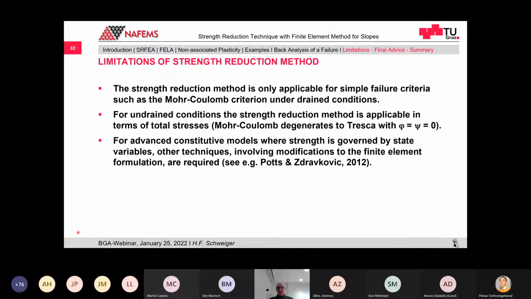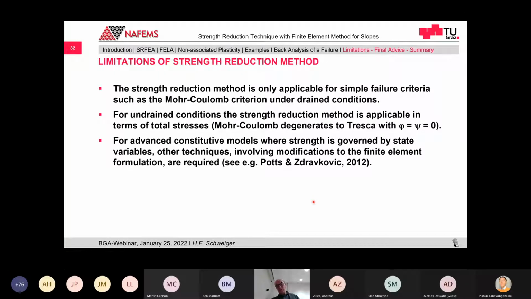Now, if you use advanced constitutive models where strength is governed by state variables, let's say the void ratio or the distance from the critical state line, etc., then it becomes really tricky, and you need different techniques involving the modification of the finite element formulation, and an example is given here by Potts and Zdravkovic.